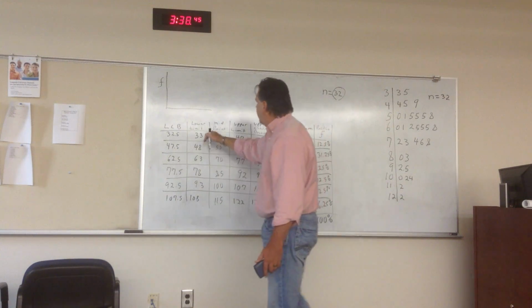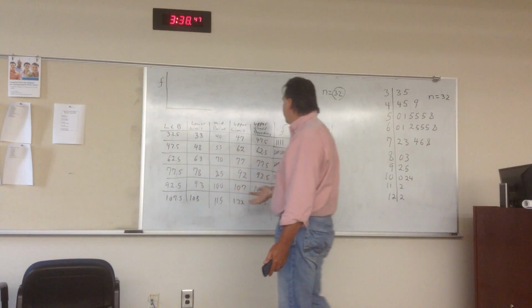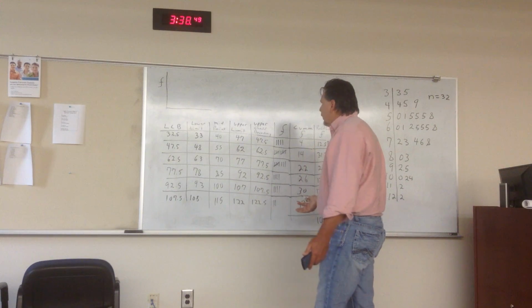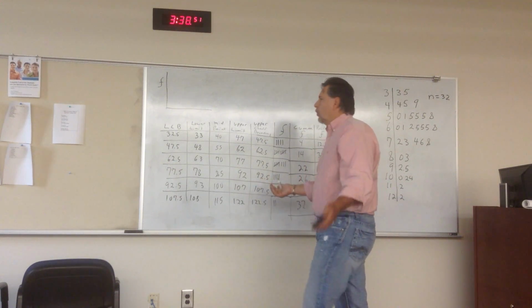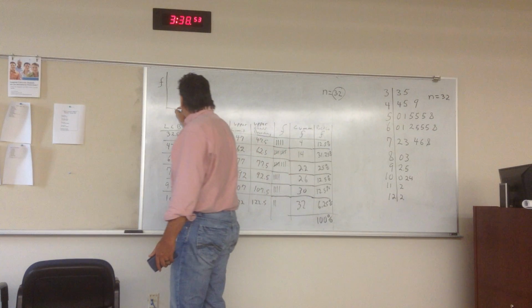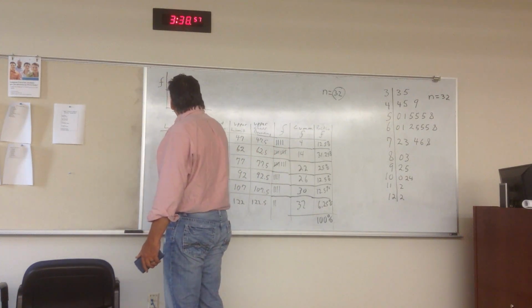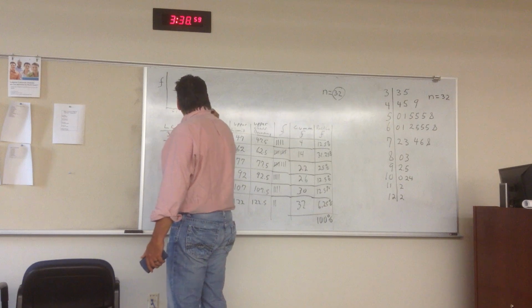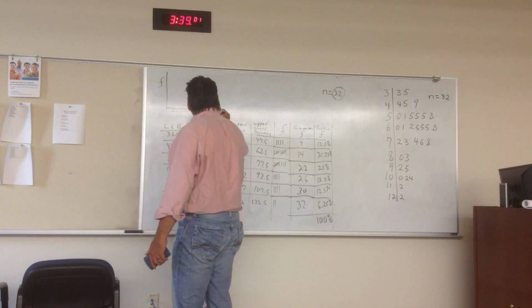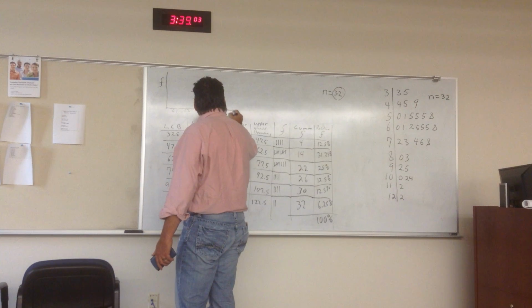And what we can do here with this particular data is we can just do categories and call it class 1, class 2, class 3, class 4, class 5, and class 6.